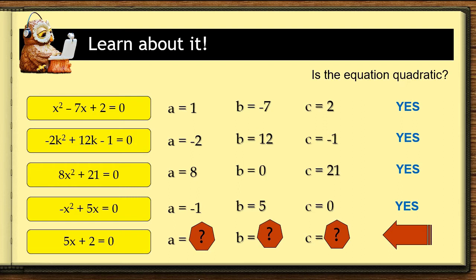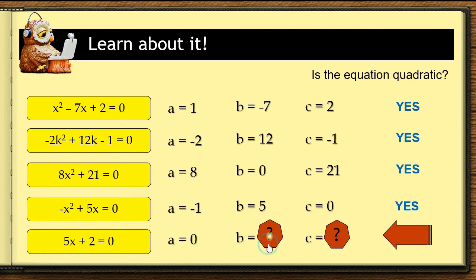The last example is obviously not a quadratic equation. Why? Because the quadratic term in this equation is missing. Therefore, if the quadratic term is missing, we can say that a is 0. And if a is equal to 0, the equation is not a quadratic equation.